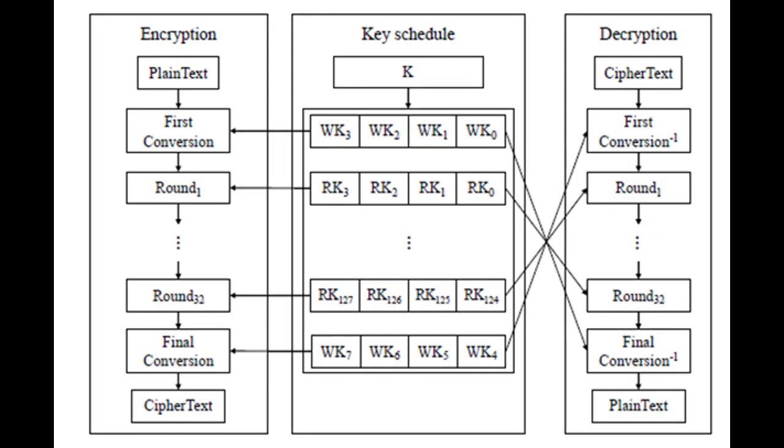The whitening keys are used in the initial and final transformation, where 4 whitening keys are used in each transformation. The subkeys used in the 32 rounds of transformation are generated by taking the mod 2^8 addition of the master key and the pseudo-randomly generated constants. To be specific, 128 subkeys are generated, and 4 subkeys are used in each of the 32 rounds.